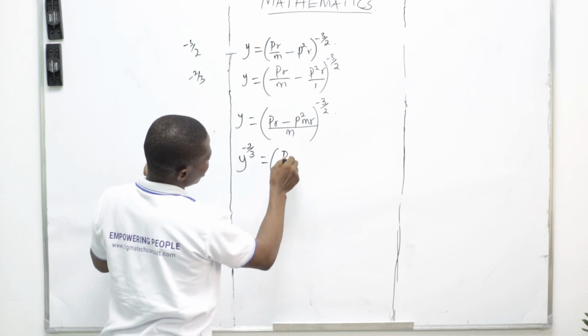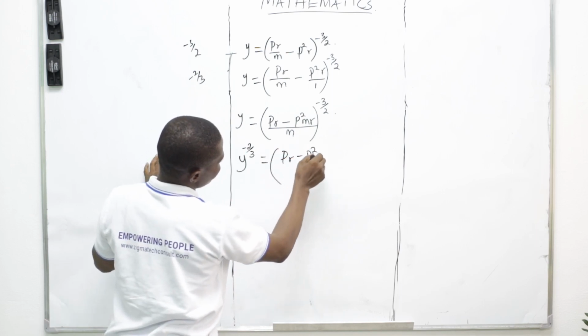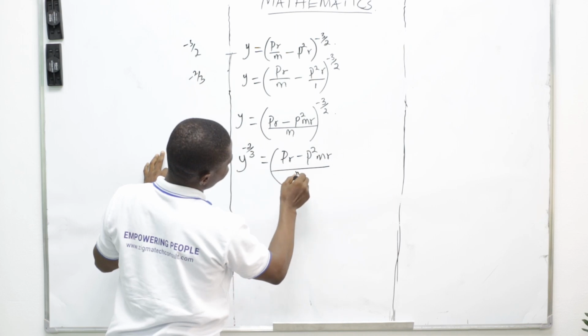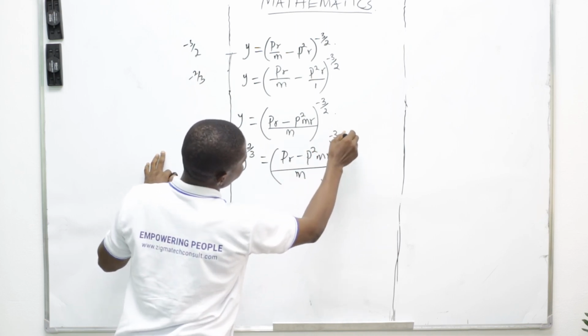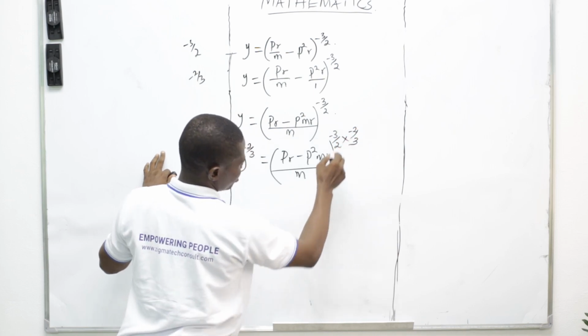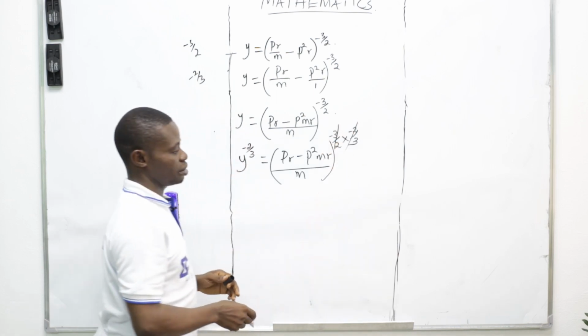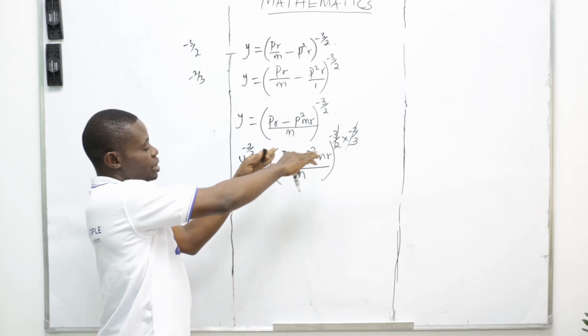That gives y raised to minus 2 over 3 equals the bracket raised to minus 3 over 2 times minus 2 over 3. Here we clear the index, meaning you are free on this side.